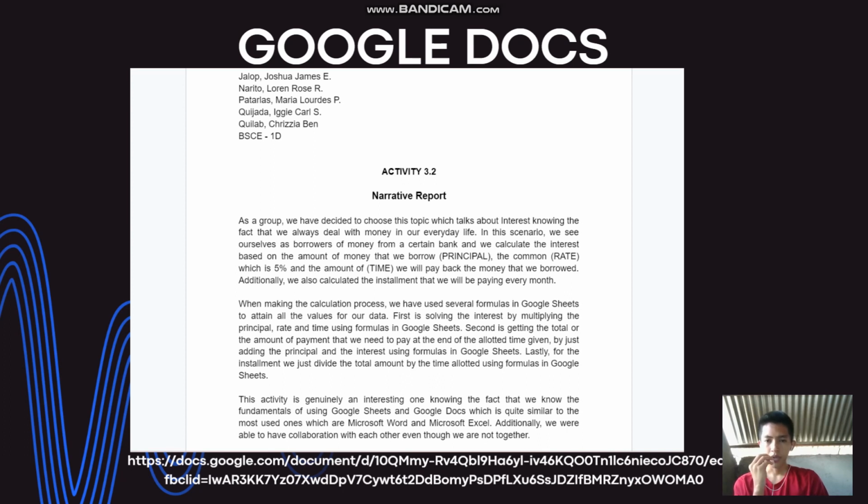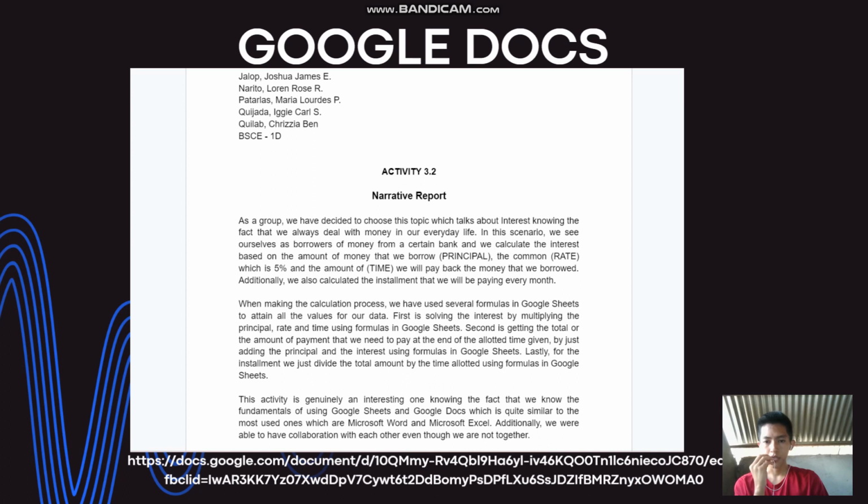When making the calculation process, we used several formulas in Google Sheets to attain all the values for our data. First is solving the interest by multiplying the principal, rate, and time using formulas in Google Sheets. Second is getting the total, or the amount of payment that we need to pay at the end of the allotted time, by just adding the principal and the interest. Lastly, for the installment, we just divide the total amount by the time allotted.